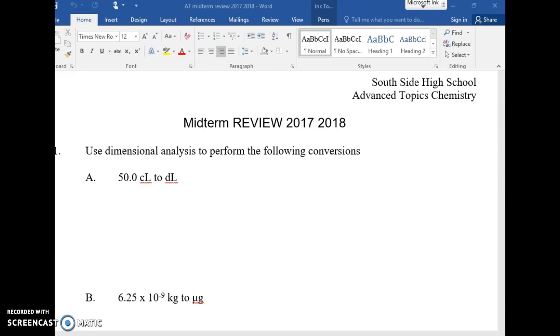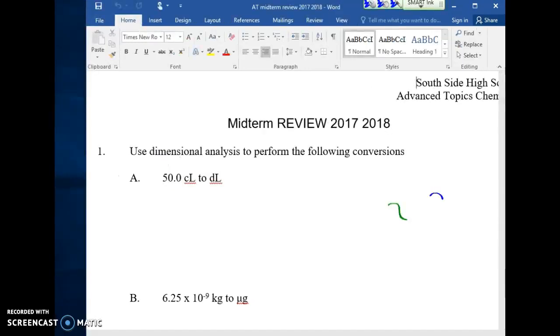Notice A and B are all about what we call dimensional analysis, which is unit conversion. Now, what you guys have to remember is, let me pause for a sec. You need to remember what the different quantities, what the different unit relations are. If you recall, centi is always equal to 10 to the 2.